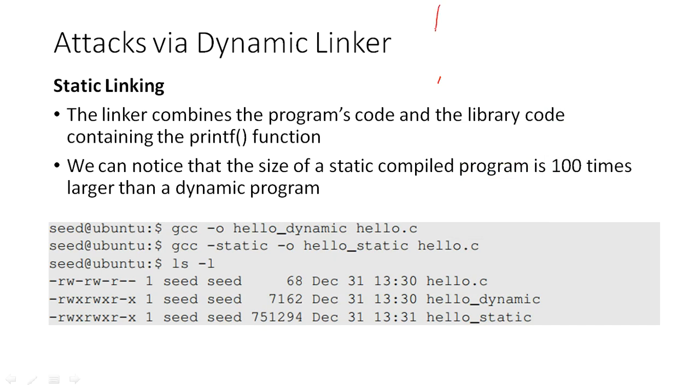Let's think this is the memory, and when we load a program, this is our hello world. When we run a program here, hello world will have a function named printf, right?